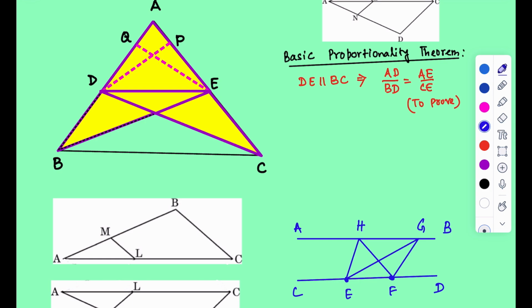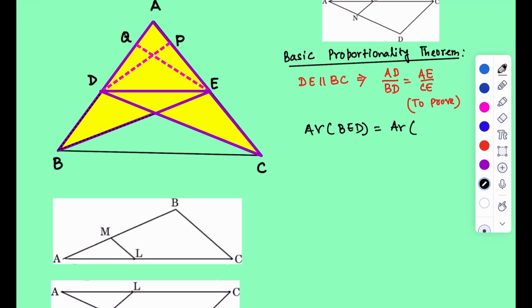That means area of EFG is equal to area of EFH. If we draw two triangles between two parallel lines having the same base EF, then they will have the same area.